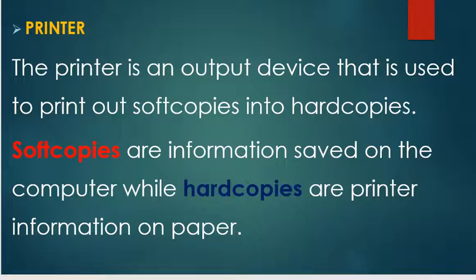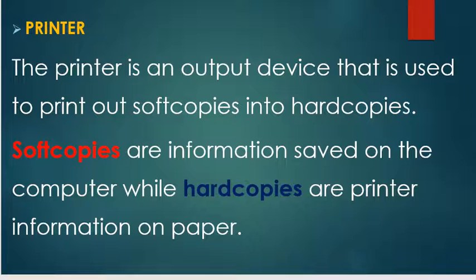Any information that is being saved on a computer is referred to as a soft copy. Whatever you save on a computer becomes a soft copy. So assuming you use a word processor to type or create a document, the document you have saved on your computer becomes a soft copy. But immediately this soft copy is being printed out on paper, it becomes a hard copy.